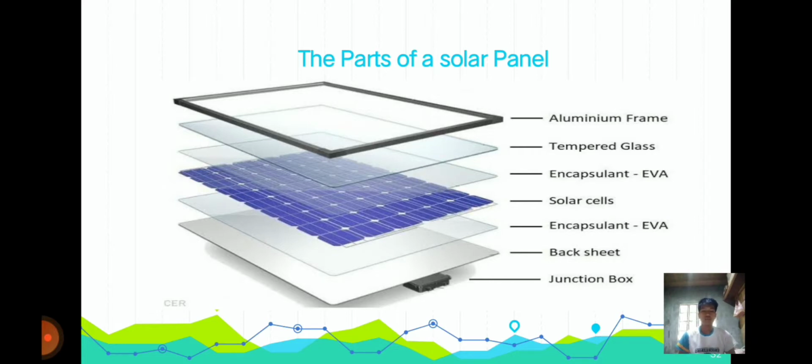The base of the PV cell is a very thin wafer, typically 0.1 mm thick, and is made from either positive p-type silicon or negative n-type silicon.